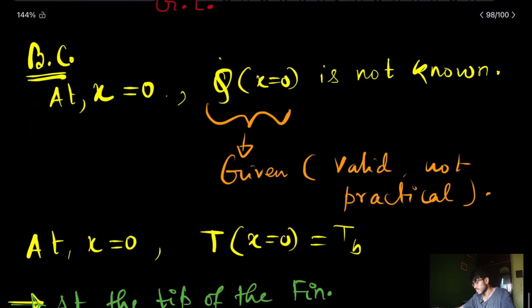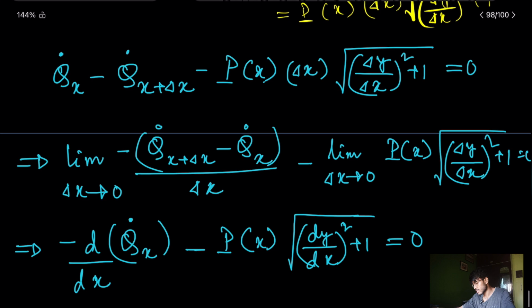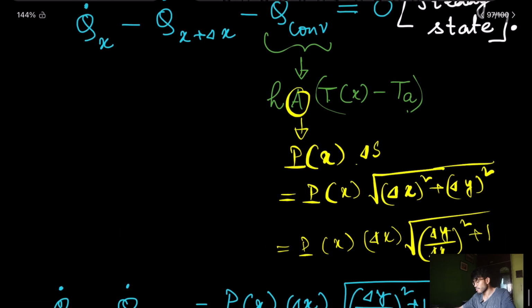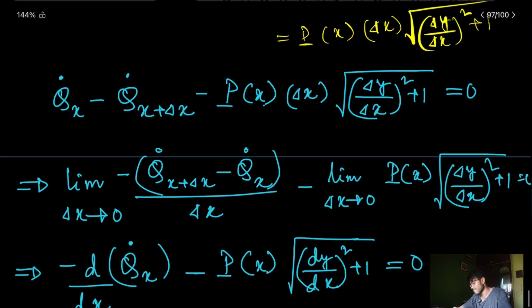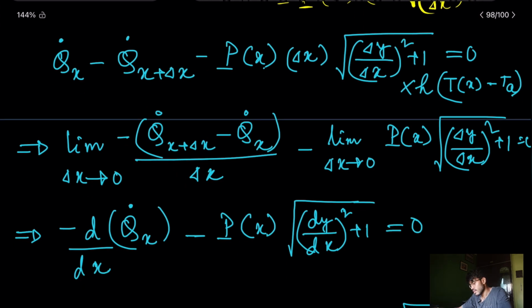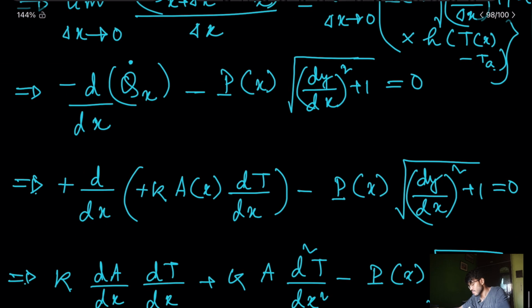I think we are missing something in the governing equation, and I know what we are missing. We are missing this whole thing. I am very, very sorry. H into delta T. Arey yaar, what am I doing. So here I should have H into T(x) minus T_a. Here also this should be this into H into T(x) minus T_a. I am extremely sorry for this.